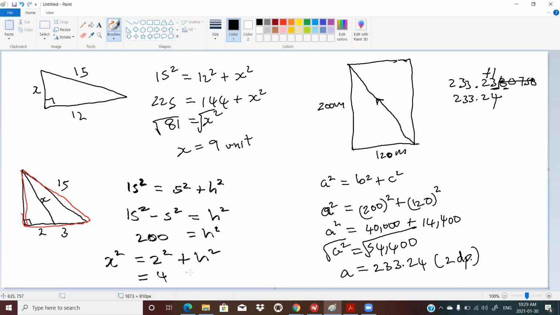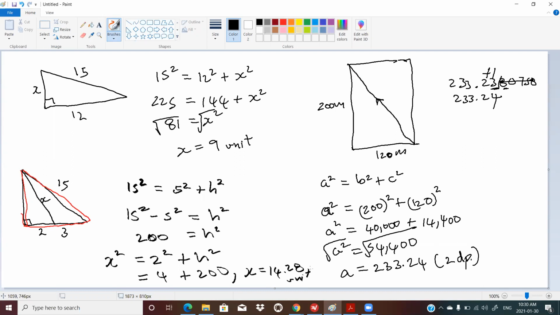So this is 4 plus 200, so this is 204. Take the square root to get 14.28. So x is equal to 14.28. Whatever the unit is, I'm not sure, I don't know if it's meter or centimeter.